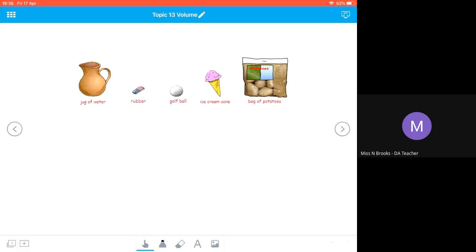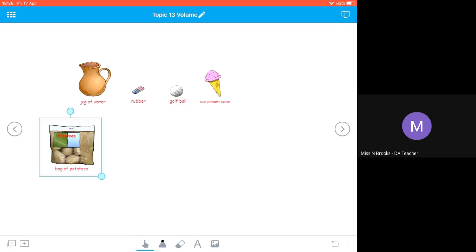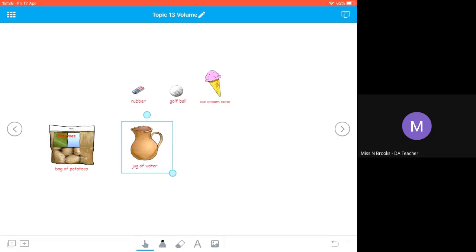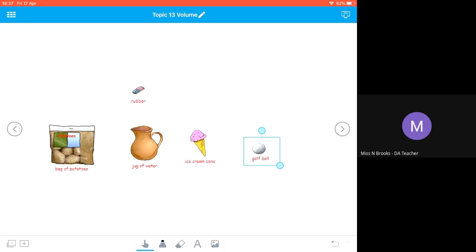Well, it's going to be the bag of potatoes. So we're going to put that first. Now, what do you think we're going to put? Yes, you're right, the jug of water. Then the ice cream cone. Then the golf ball. And finally, the rubber is going to be the one that takes up the least amount of space.